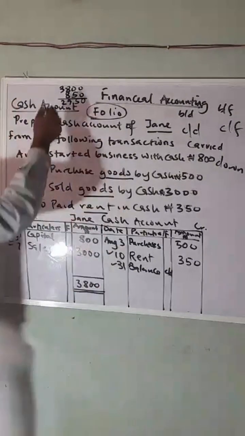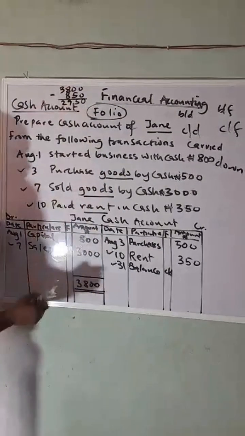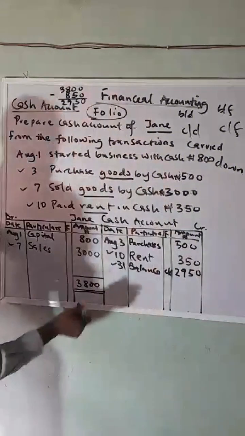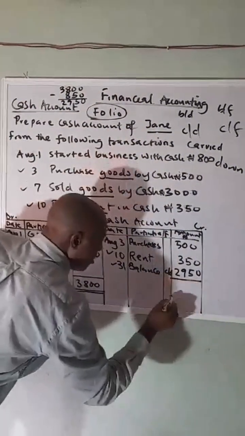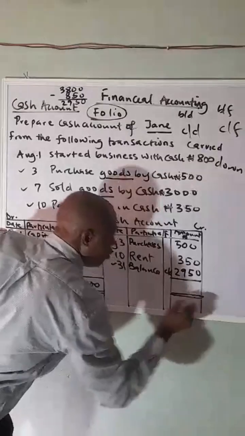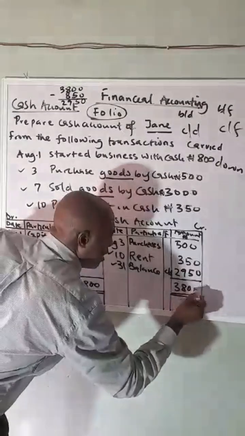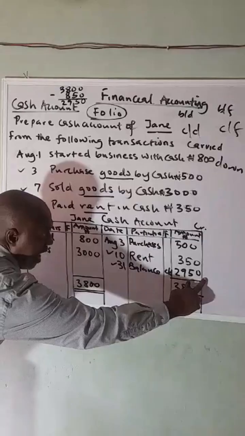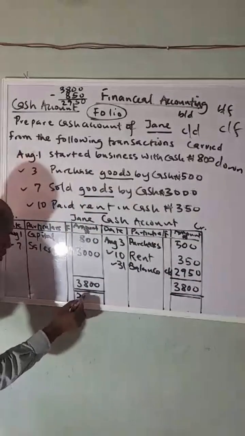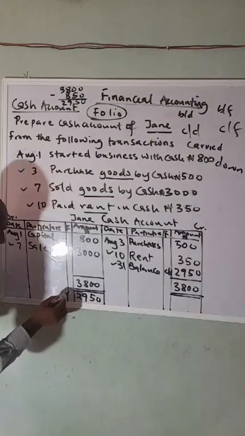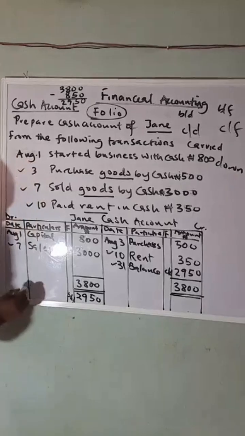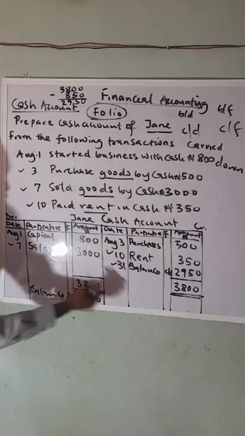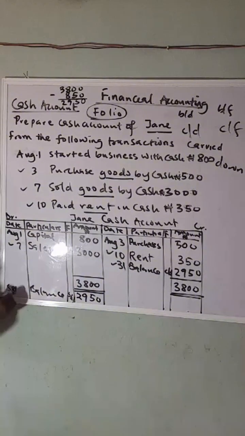That means the debit side is more than the credit side by 2,950. We'll draw the line on the same line in your book. That will give us 3,800. For every credit entry of the 2,950, there will be a corresponding debit entry, which we'll call BD, brought down. This is the balance. And after August 31, here comes September 1.